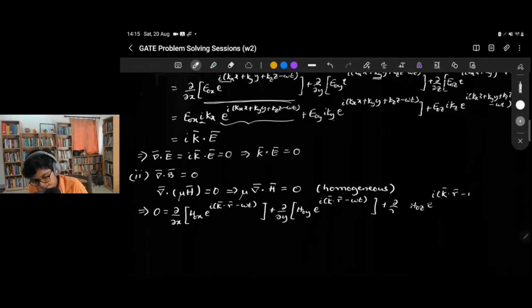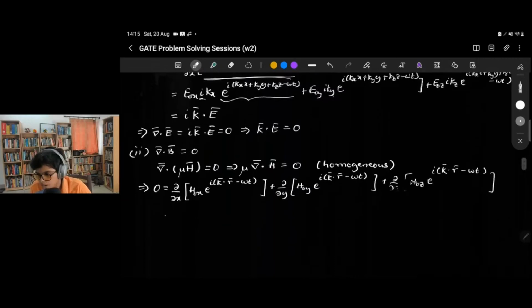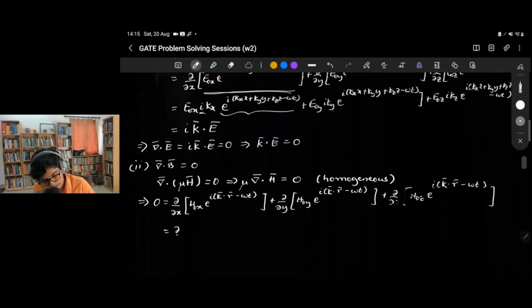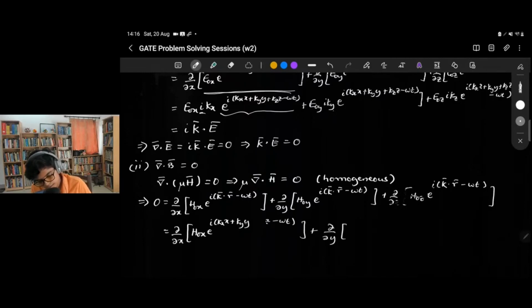What we did with electric field, we are doing the same thing with magnetic field this time. And again, you can see that I can expand it for you. So H naught x e to the power I kx x plus ky y plus kz z minus omega t. And similar for the other terms, I will not write down the other terms, you can write it down yourself. So similarly, it's just expanding this exponential term.